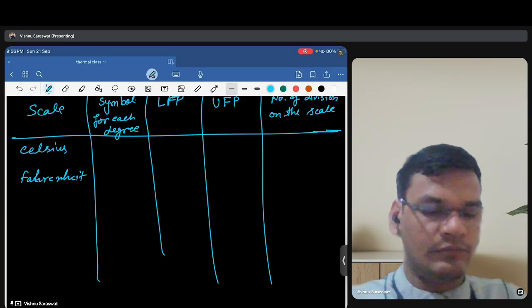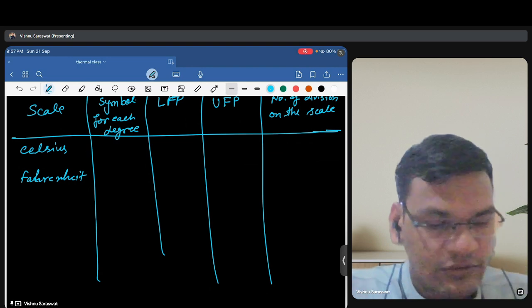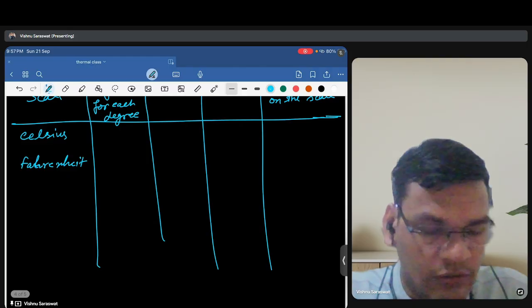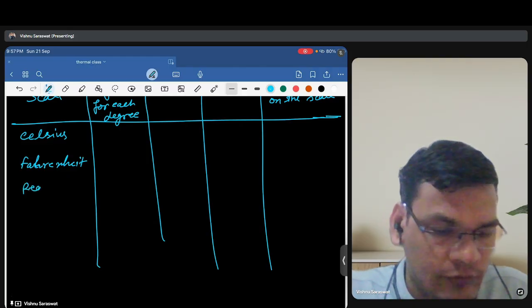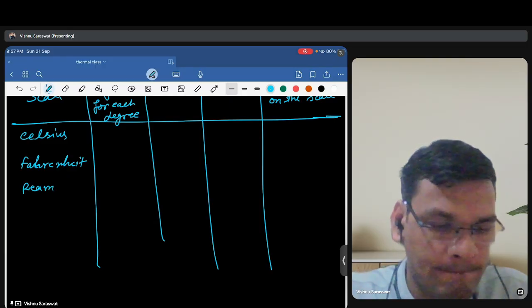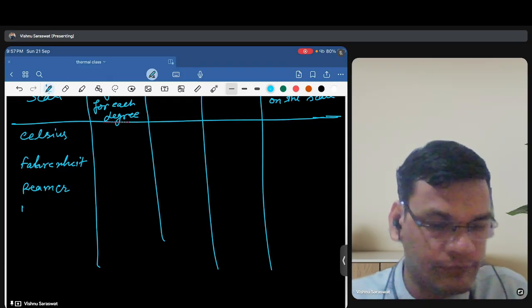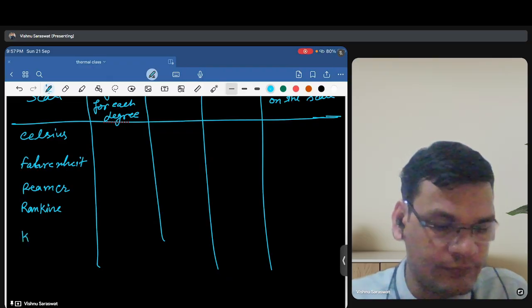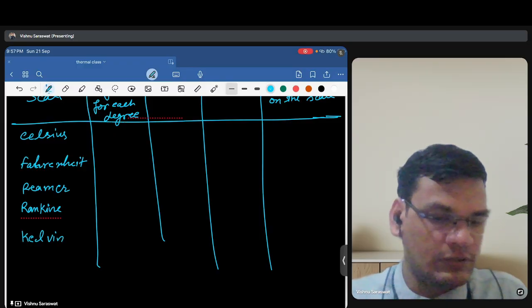But here I have discussed the first one as Celsius, then Fahrenheit, then Reaumur, and Rankine, and the last one is Kelvin. So these are the five temperature scales.